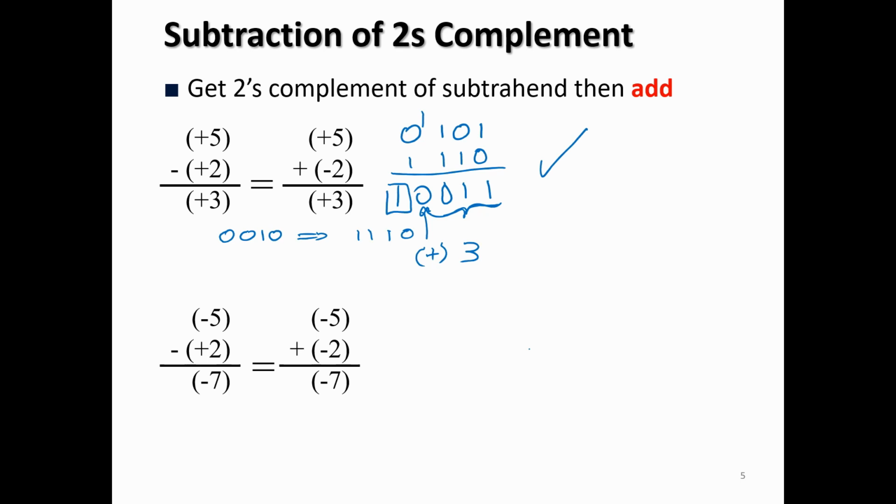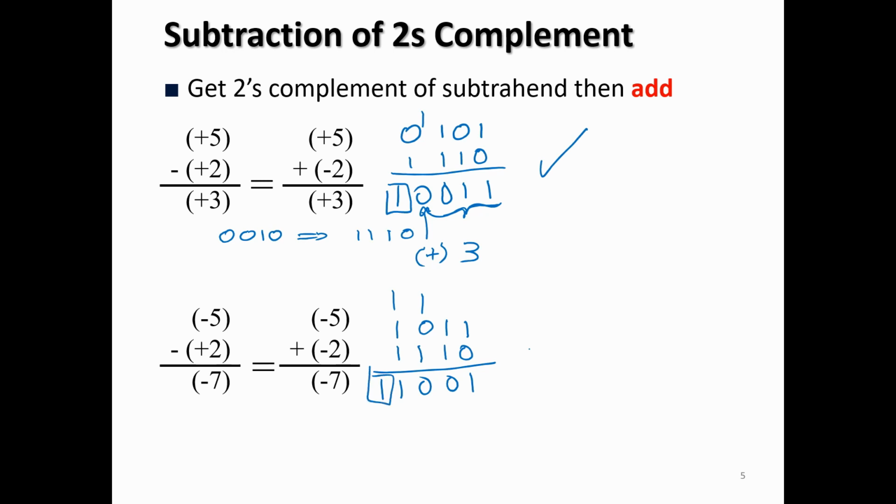What about this other example? Minus 5, we're going to have 1011, and a negative 2. Remember we had a positive 2, but we're going to take the two's complement of the subtrahend. So we have 1110, and then we add: 1, 0, 1, 0, 1, 1, 1.